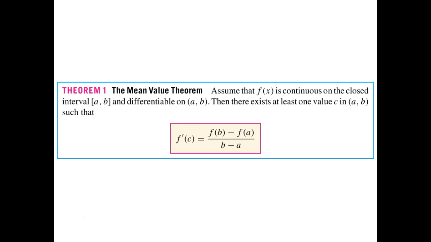Then there exists at least one value c in a to b such that f prime of c is the slope of that secant line, f of b minus f of a over b minus a, the change in y over the change in x. That's the mean value theorem.